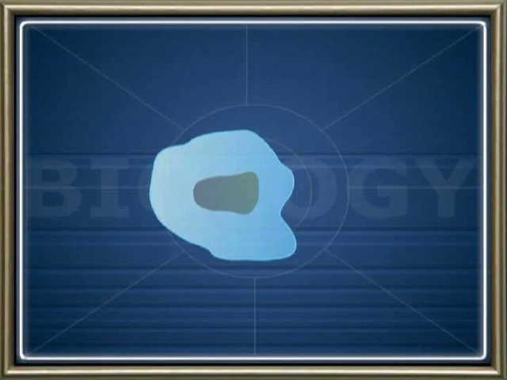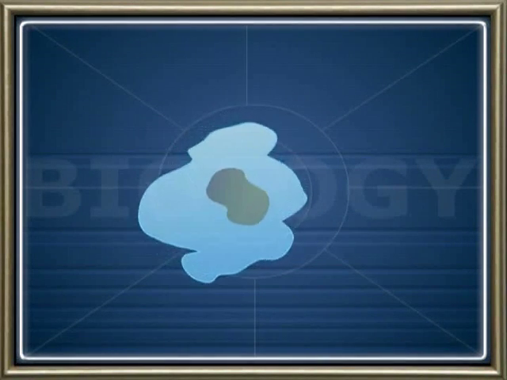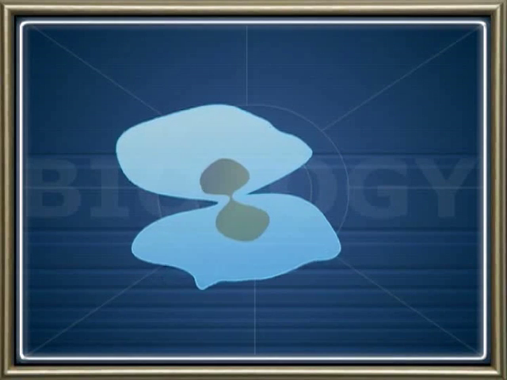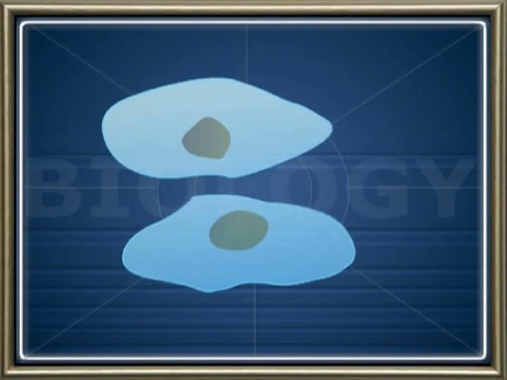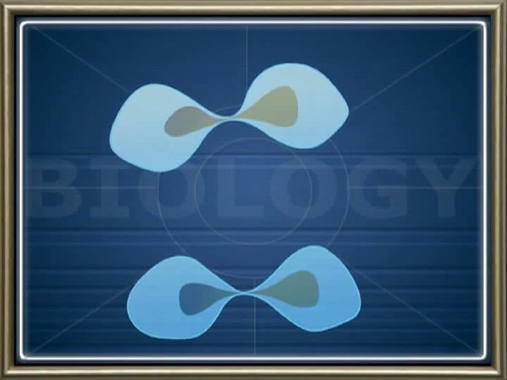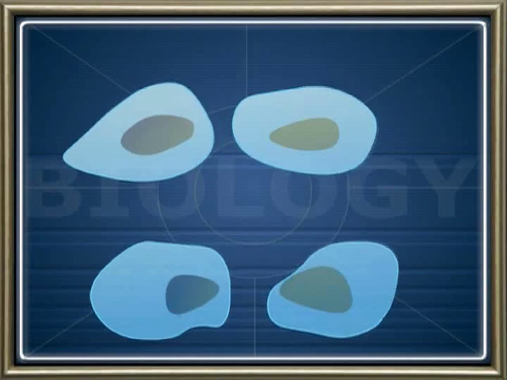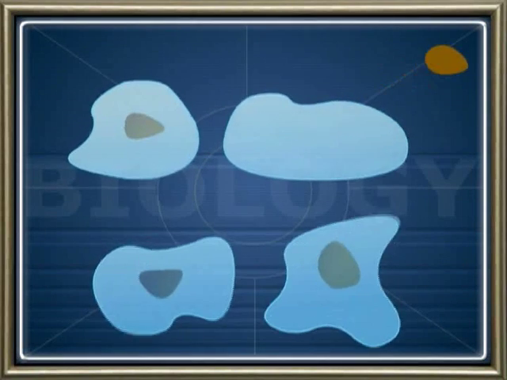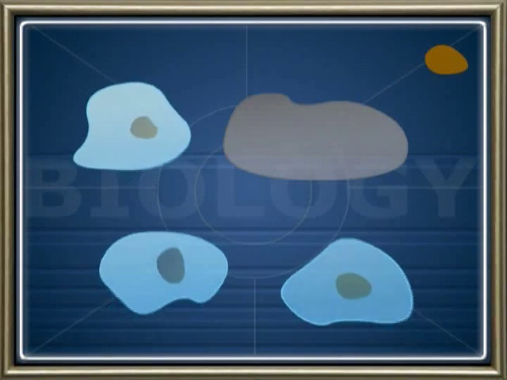Let us examine an experiment conducted on amoeba. Amoeba is a single cell animal. It grows, divides into two amoeba which regrow and divide for continuing the race. If nucleus is removed from amoeba, it dies.